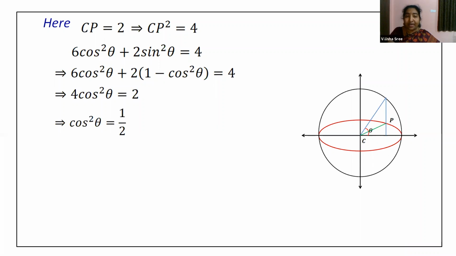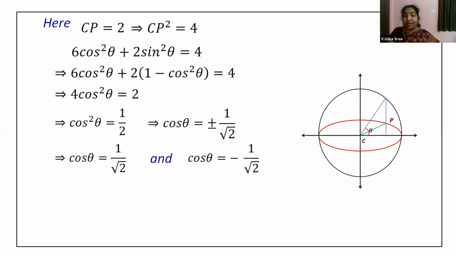That means cos square theta is equal to 1 by 2, or cos theta is equal to plus or minus 1 by root 2. Then cos theta is taking 1 by root 2 and also minus 1 by root 2, isn't it? When cos theta is 1 by root 2, then theta value will be pi by 4 and 7 pi by 4.